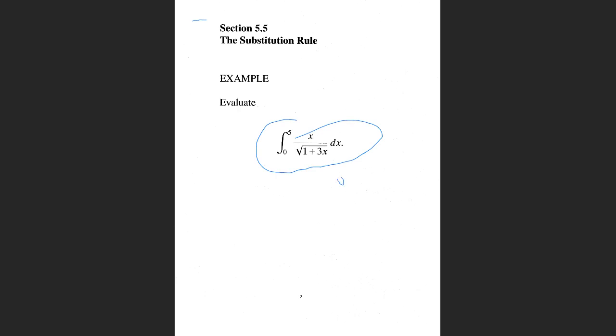So what do you think we might want to try letting u equal to? 1 plus 3x. 1 over the square root of u might be a little bit too ambitious. We want to be very simple. Okay, and I appreciate all participation.